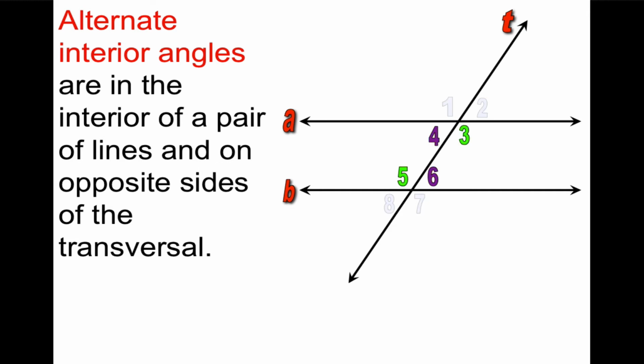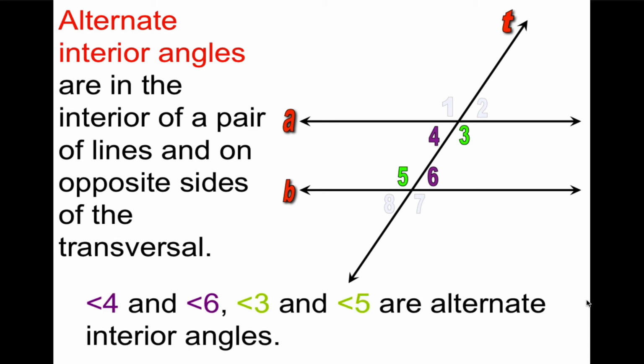So angle 4 and angle 6 are on opposite sides of the transversal in the interior, and so are 3 and 5. So those are our two pairs of alternate interior angles. Angle 4 and angle 6, and angle 3 and angle 5 are two pairs of alternate interior angles.